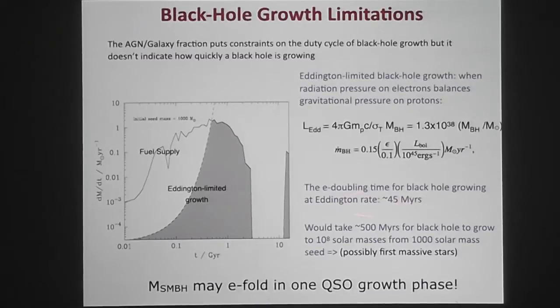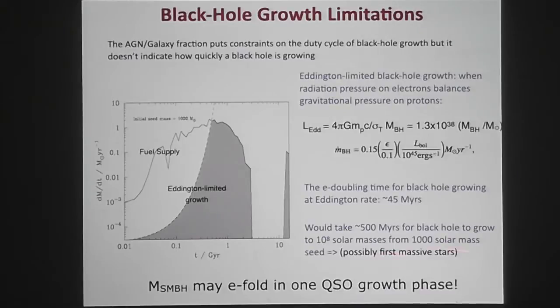So at the Eddington rate, you'll double every 45 megayears or so. And so that would take about 500 megayears to grow a 1,000 solar mass black hole into a 10^8 solar mass black hole if you're accreting constantly. That's not a lot of time, and so that's not too bad.